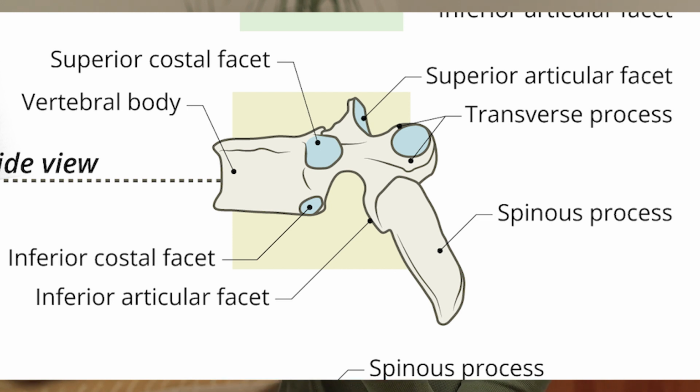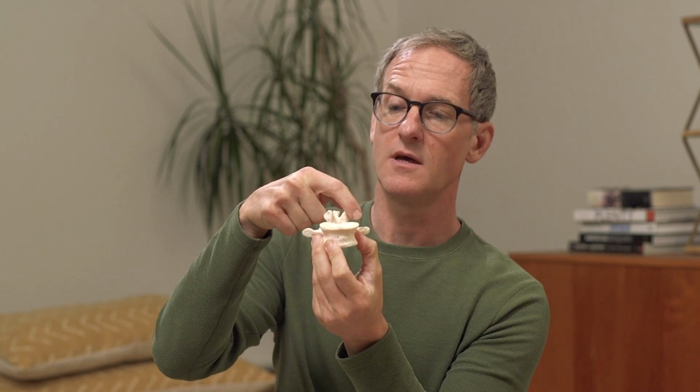These two little nodes, or bumpy parts that stick up here, this is one pair of facet joints. And then on the bottom down here is another pair. So each vertebra has two pair.